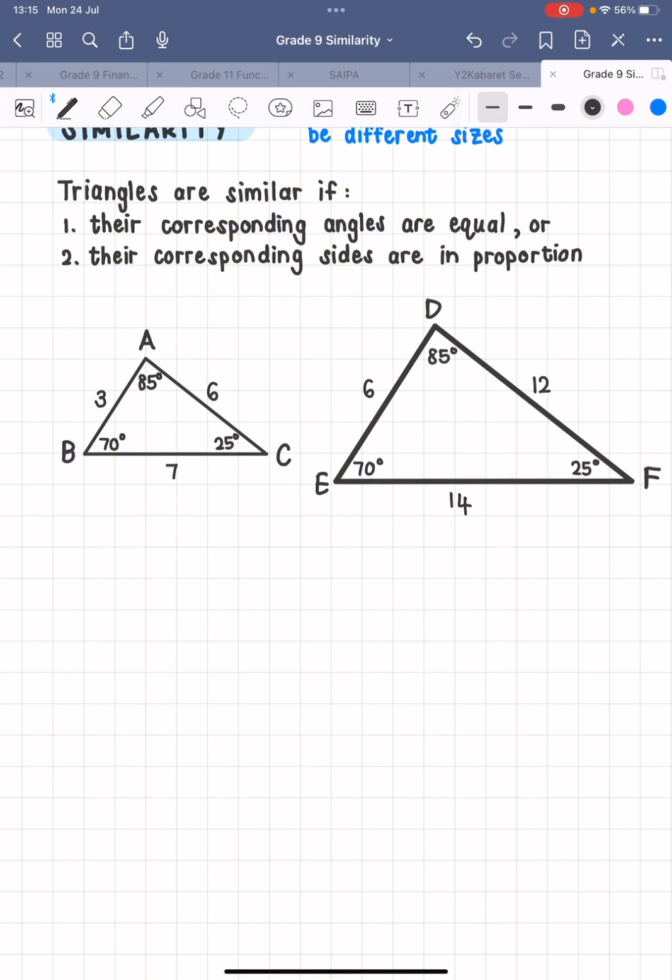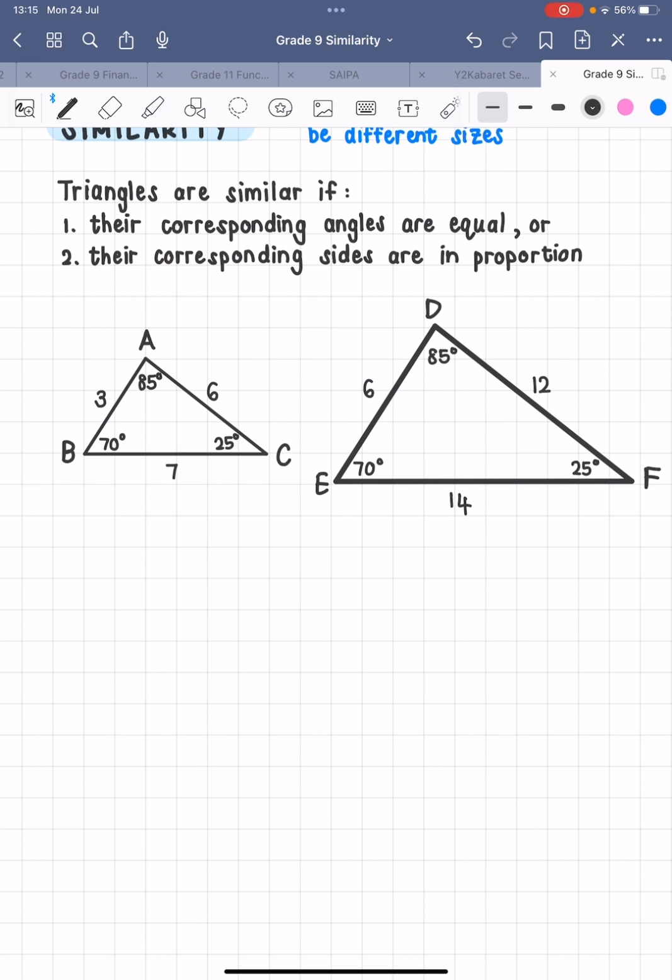What they mean with corresponding angles here is the same angles in the two triangles. So within triangle ABC and DEF, A and D are corresponding angles.